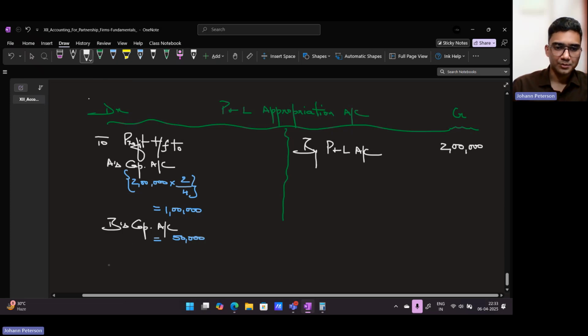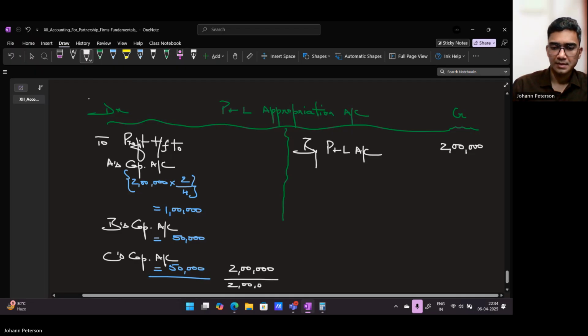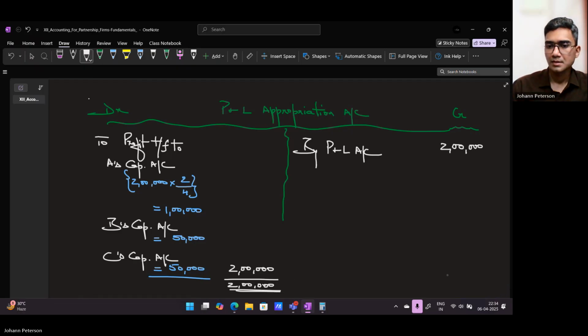And for C's capital account, it was again half, so it was 50,000. So my total figure was coming out as 2 lakh. On the side also 2 lakh.